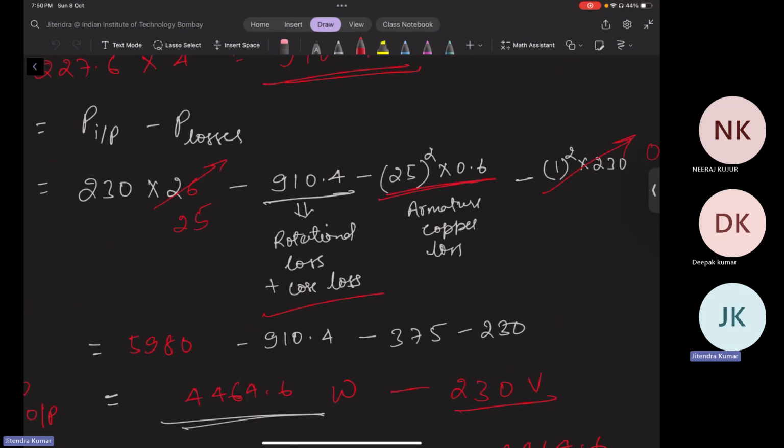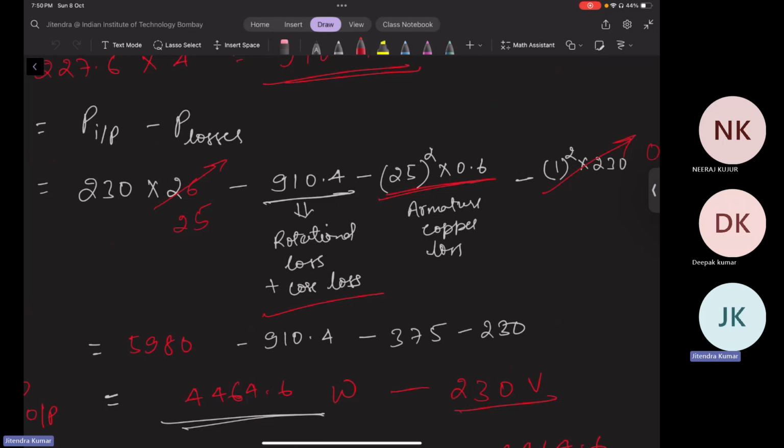Next week... Sir, I have one question, sir. Yeah, go ahead. Sir, can you suggest any book for electrical materials? Electrical materials. I think the Chapman book is good from that perspective. Okay, the Chapman book should be good.